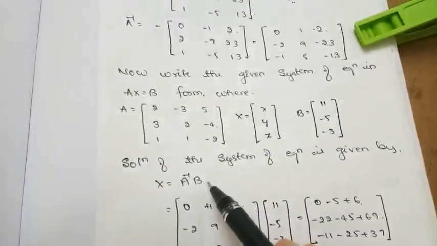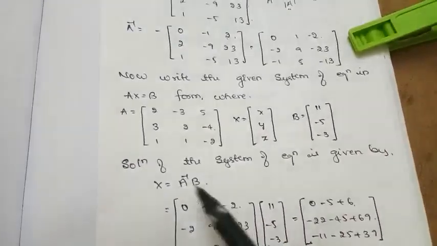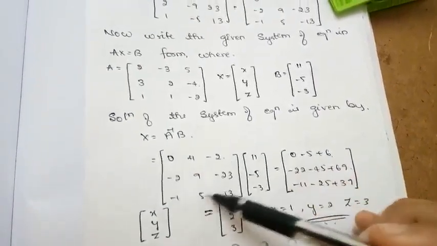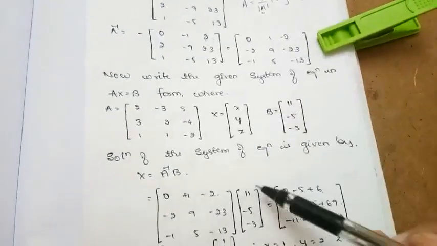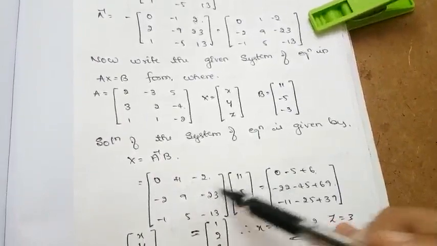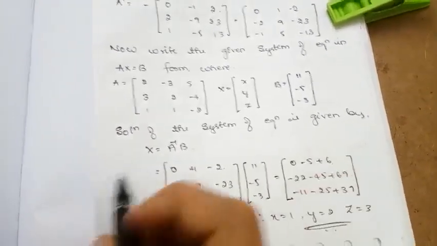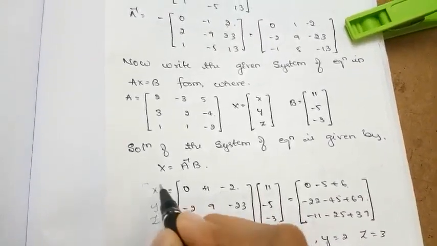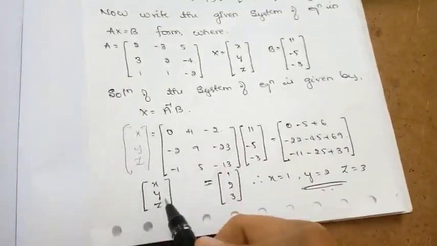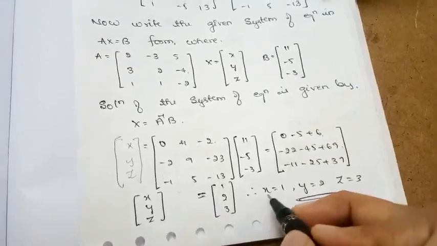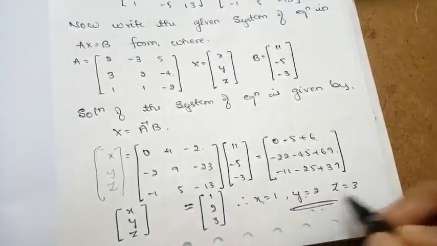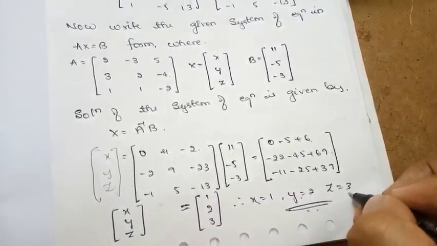So X is equal to A inverse B, where A inverse is the one I found earlier, so I am taking that here, into B. Multiply this and you are going to get the value on the LHS. Here we have x, y and z, so that is x, y, z is equal to 1, 2, 3. By the equality of matrices I can say the value of x is equal to 1, y is equal to 2 and z is equal to 3.